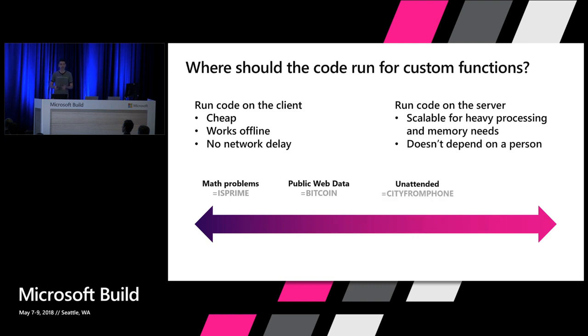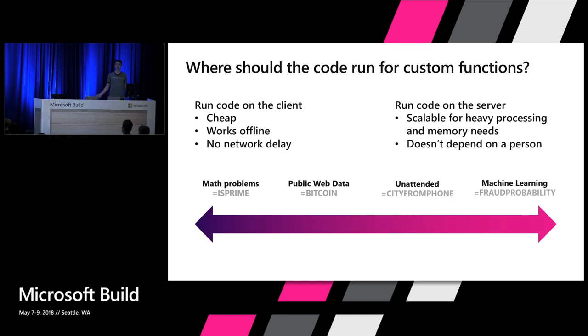And then another step to the right, OK, you have this unattended case. Perhaps I mentioned that maintenance request. Maybe you put in a phone number to that maintenance request, and there needs to be a function to automatically generate a city from that phone number and just plot that right into Excel. OK, so that one, since it's unattended, definitely needs to run on the server.